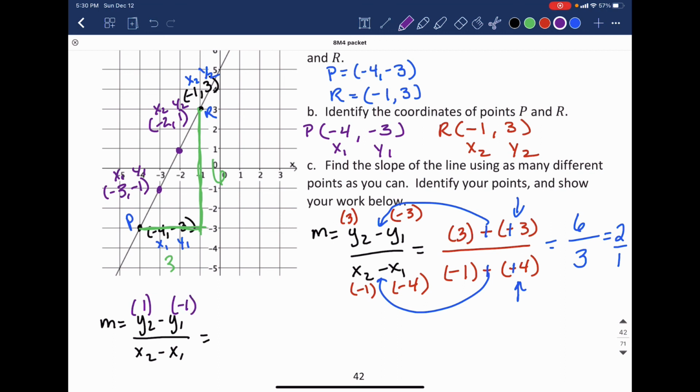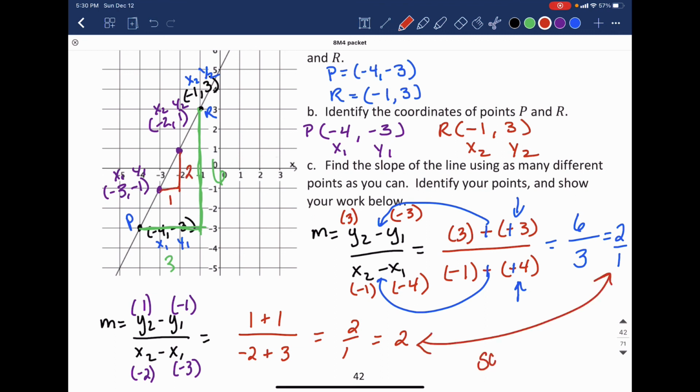My x2 is -2 minus the -3. I make a lot fewer mistakes when I do it like that. So I have 1 minus -1, which is the same thing as 1 plus 1, over -2 minus -3, which is the same thing as -2 plus 3. So this is 2 over 1, which is 2. And it happens to have the same slope. So the same slope.